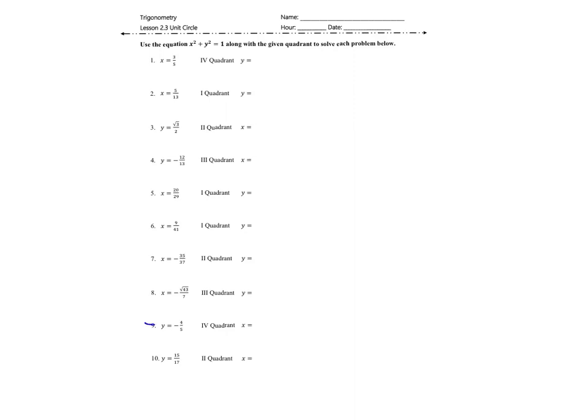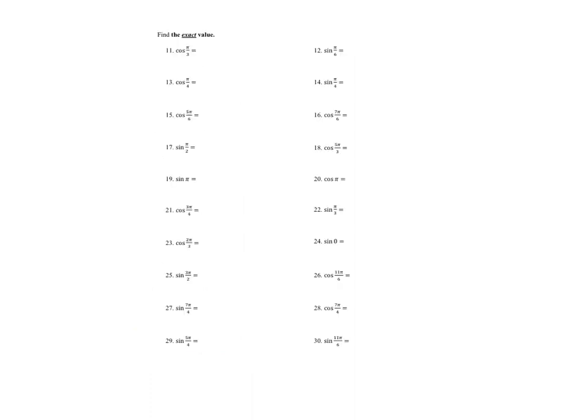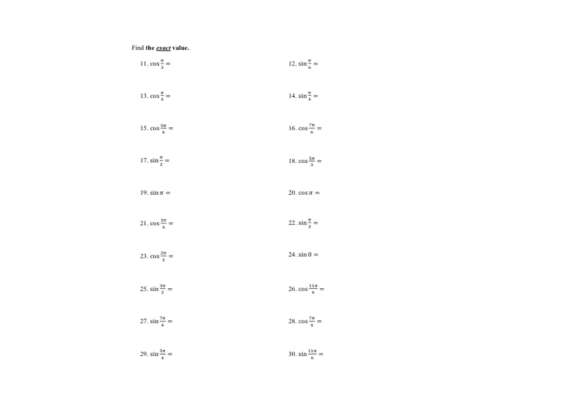Let's just skip these last couple. And then over here, you're looking for exact values of these. Let's cut out every other even one. So let's cut out those 4. That should be fine on 2.3.